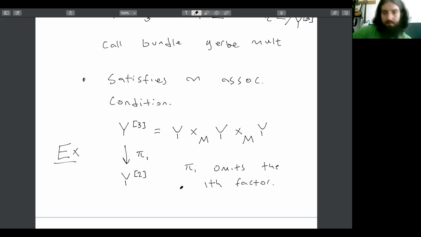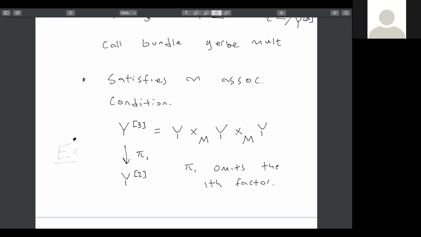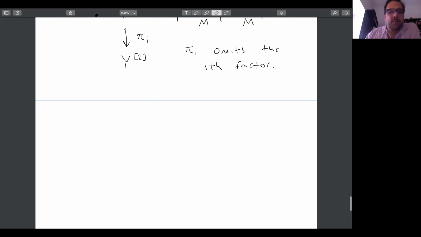So let me spell out what this condition says a little more clearly. This map mu, sorry.